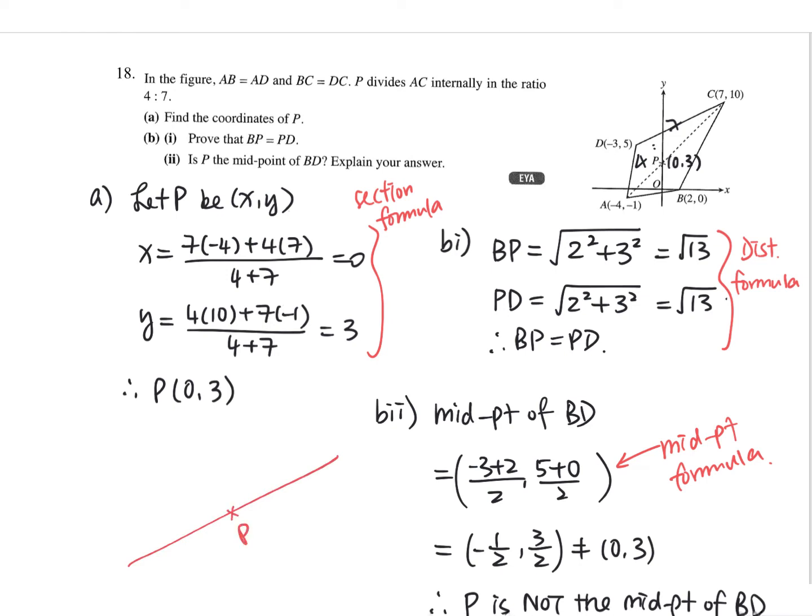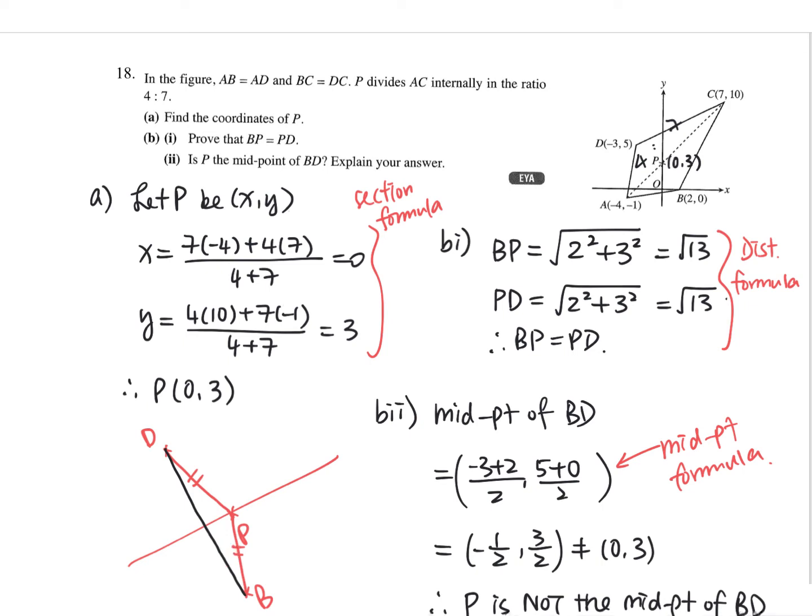So what happens here is that PB and PD, okay? They're of equal lengths, okay? But imagine that PBD is an isosceles triangle. Then if this is actually an isosceles triangle, of course, we know that P will not be the midpoint of BD. And for an isosceles triangle, of course, these two legs should be the same, okay?